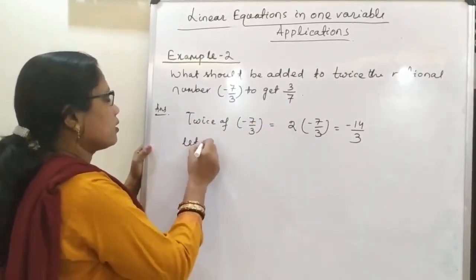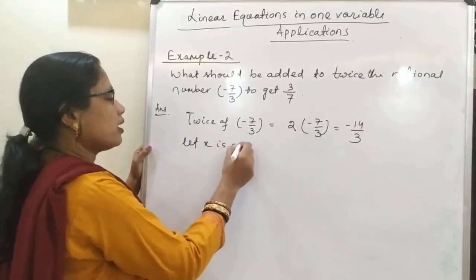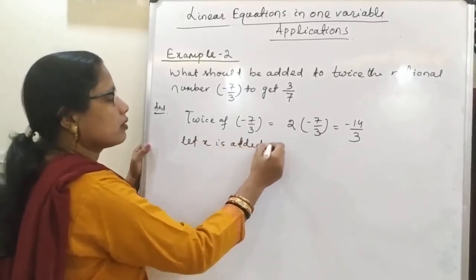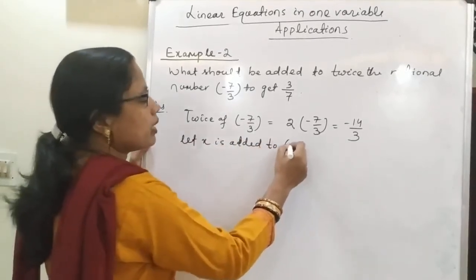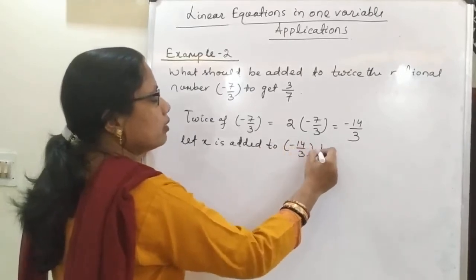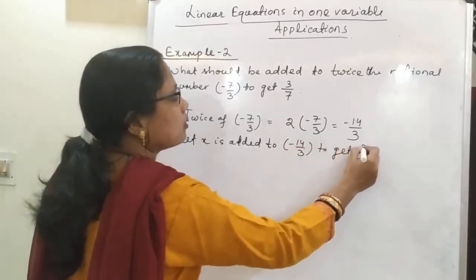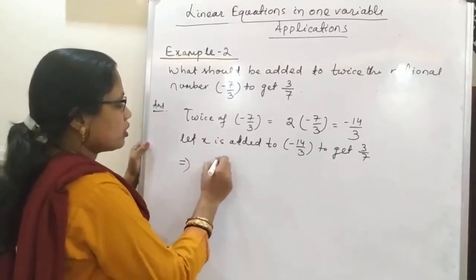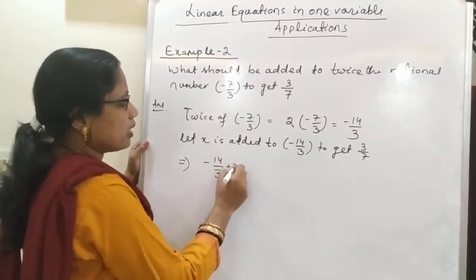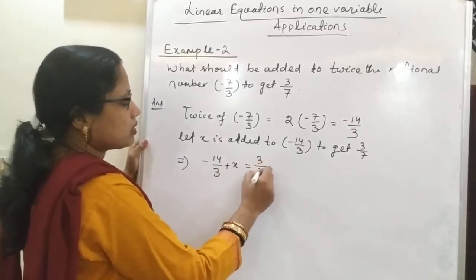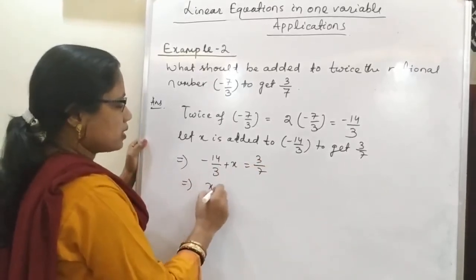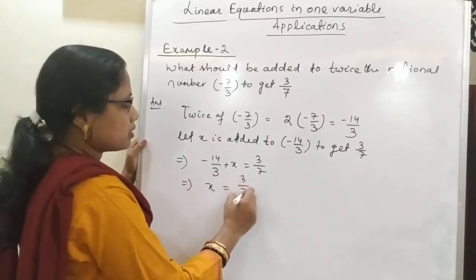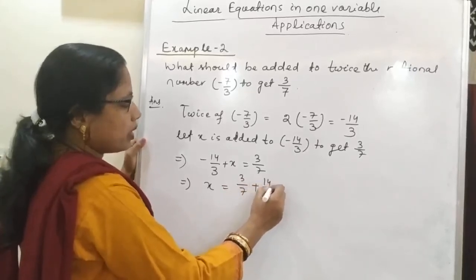So let x be added to minus 14 by 3 to get 3 by 7. So this implies minus 14 by 3 plus x is equal to 3 by 7. So x is equal to 3 by 7 plus 14 by 3.